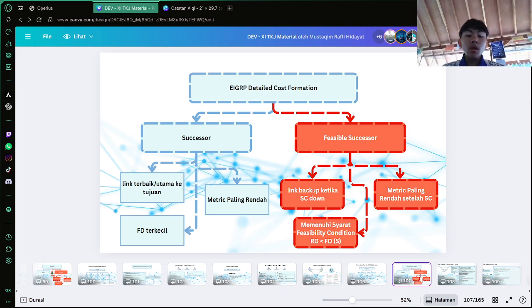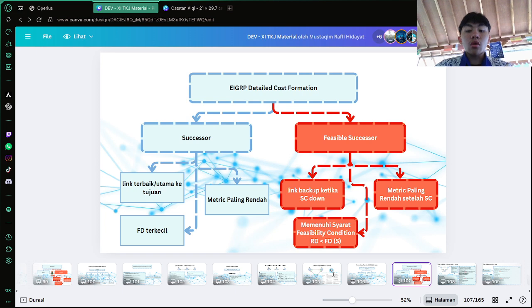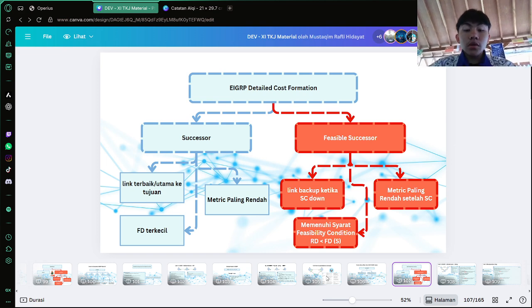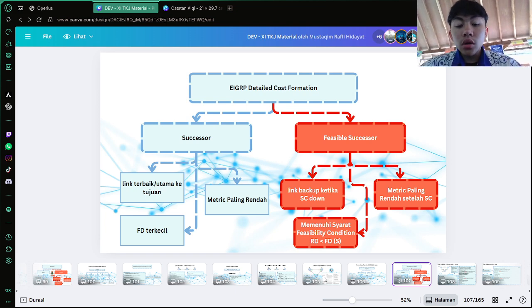The feasible successor or red path has three points: the first is a backup route meeting the feasibility condition, the next is a pre-calculated alternative path, and the last is instantly available if the successor fails.